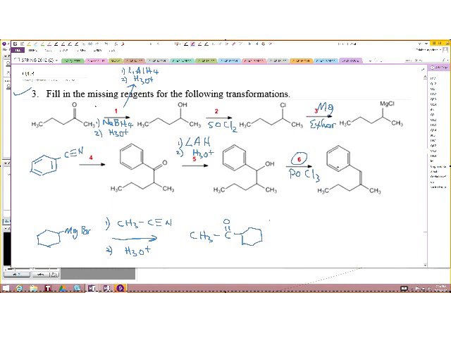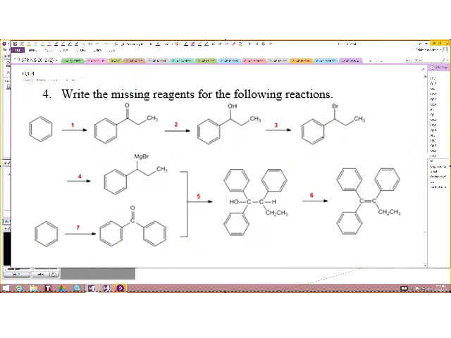Okay, let us go to the last one. We should be able to go through this real quick. We did this in the last chapter, 16 or 15. Going from benzene to this ketone here, what reagent do we need?